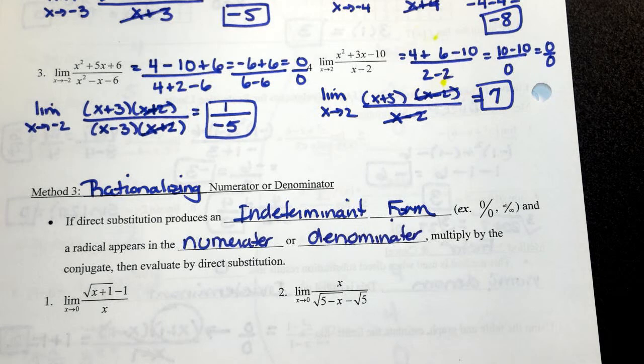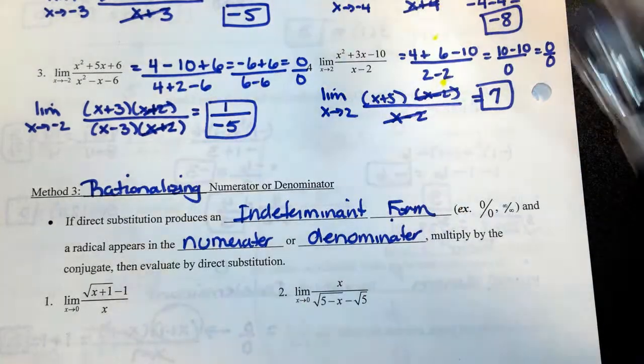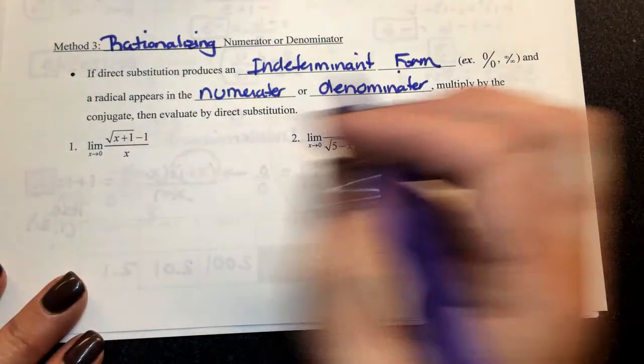You're going to multiply by the conjugate and then evaluate by direct substitution. So very similar to what we just did with the factoring. After you get done factoring and canceling, once you get done rationalizing, try direct substitution after you get done the rationalizing process.